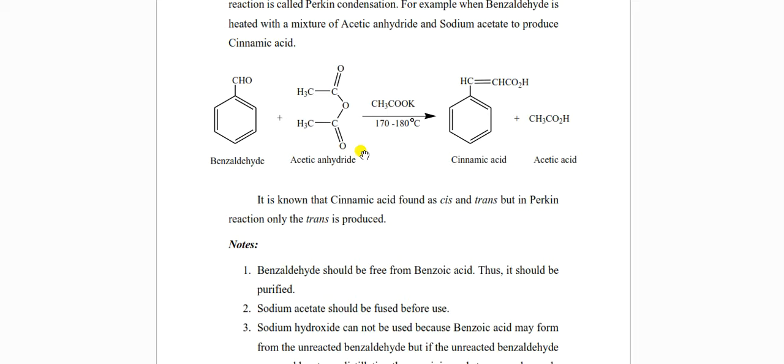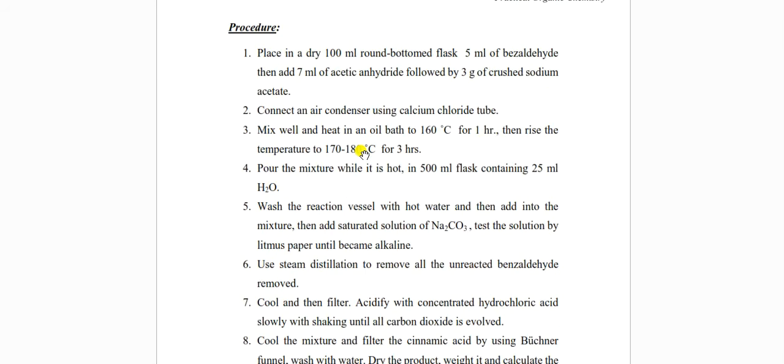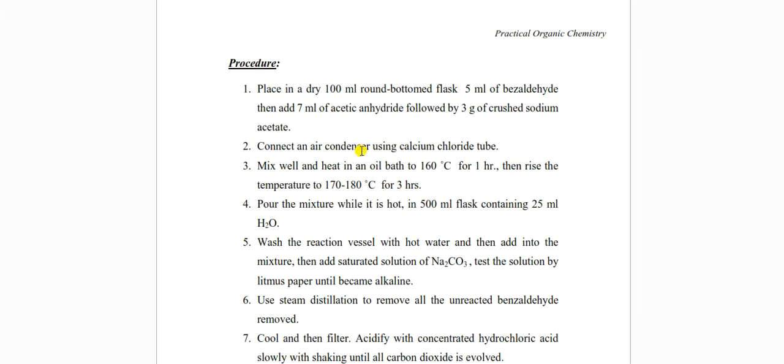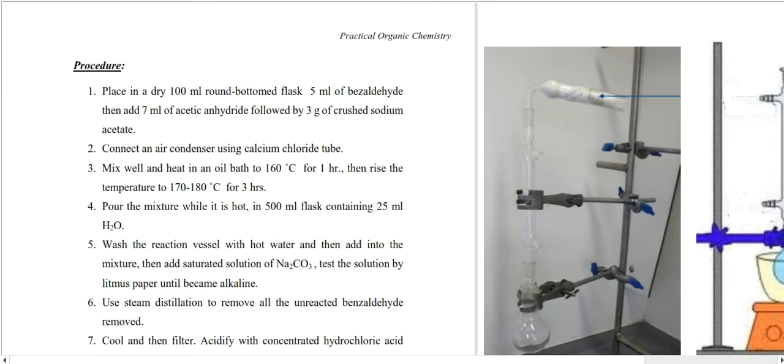Now let's move to the procedure for this experiment. Page 8. You need a round bottom flask. To this round bottom flask, add 5 ml of benzaldehyde as a starting material and 7 ml of acetic anhydride, starting material number 2, with 3 grams of sodium or potassium acetate, crushed or fused, heated before using, without any traces of water.